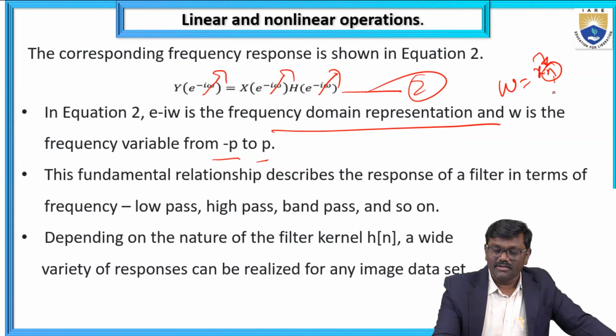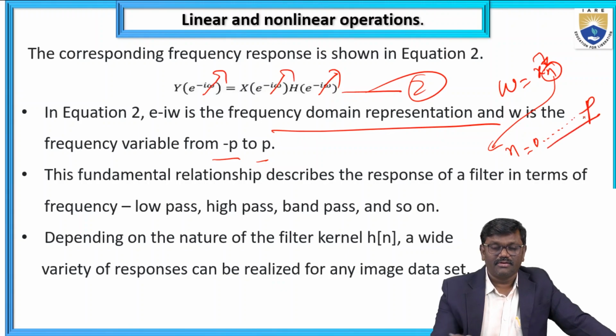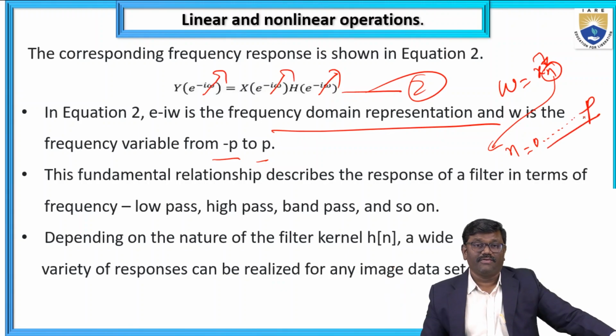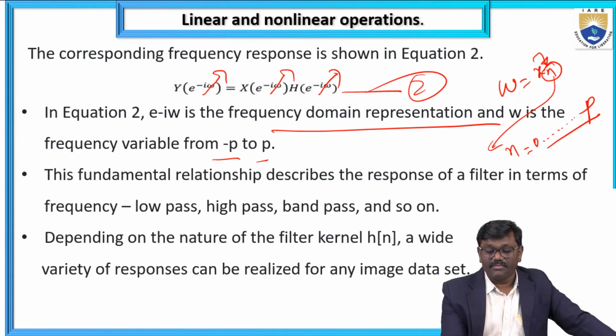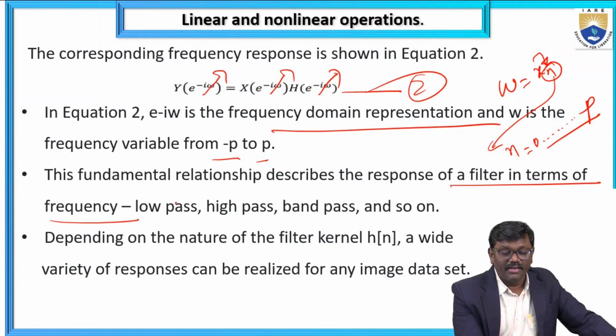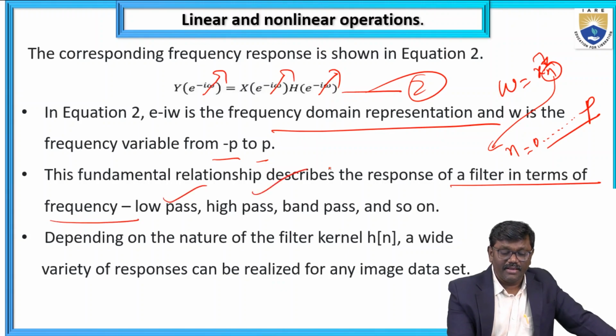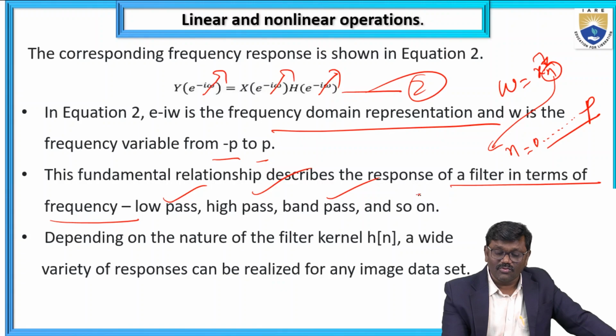It is one of the frequency response variable values. That is, n varies from 0 to pi, not to infinity. So this fundamental relation describes the response of the filter in terms of frequency, either low pass, high pass, band pass, and so on.